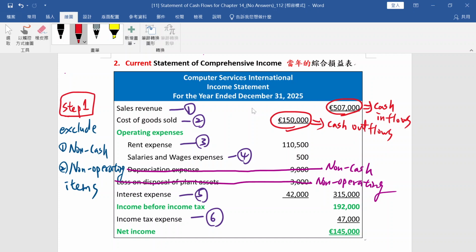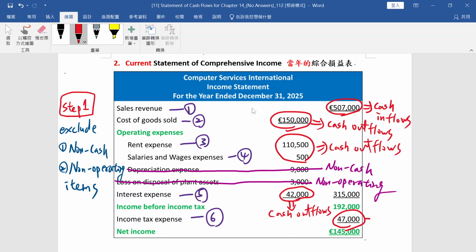For rent expense, salaries and wages expense, we still try to figure out cash outflows. For interest expense, we try to figure out our cash outflows. For income tax expense, we try to figure out our cash outflows.